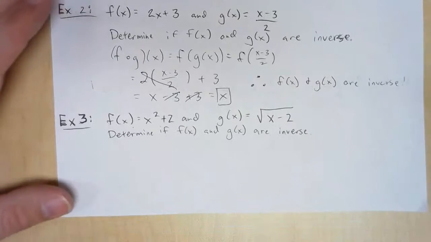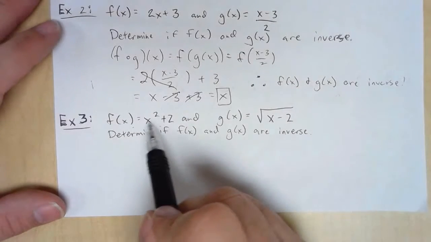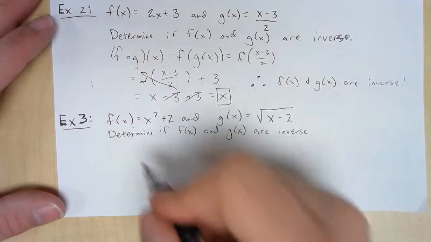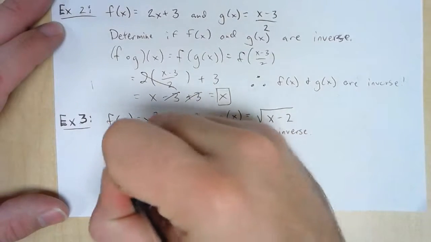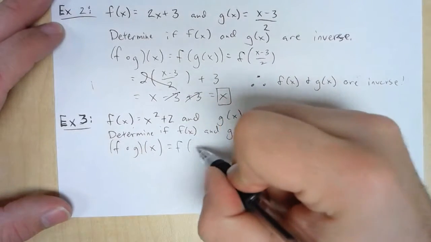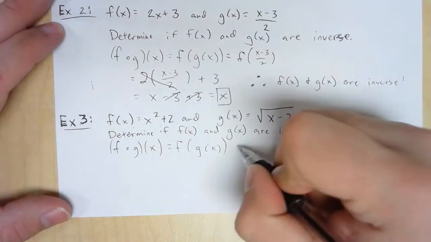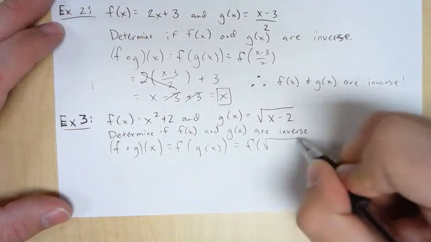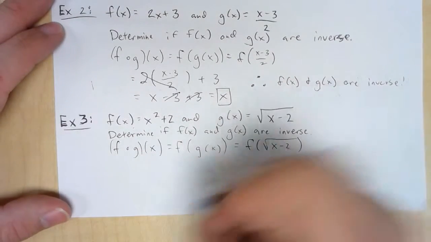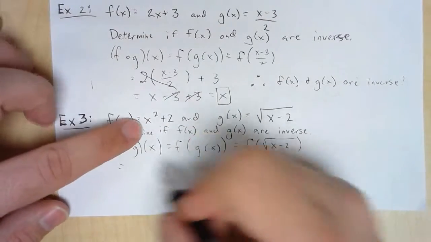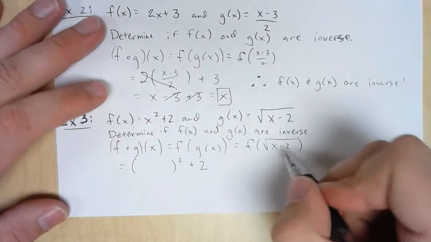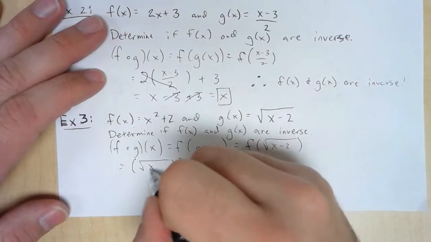Okay, so example 3, we've got x squared plus 2 and square root of x minus 2 as our two different functions. So let's find f of g of x, which is f of the square root of x minus 2, since that is what g of x is equal to. So leave space for the x, got a squared plus 2, we're going to write in exactly what g is, which is the square root of x minus 2.